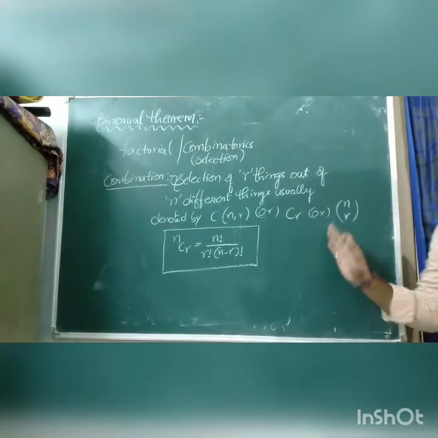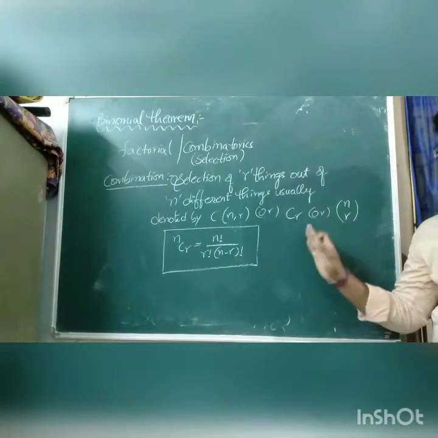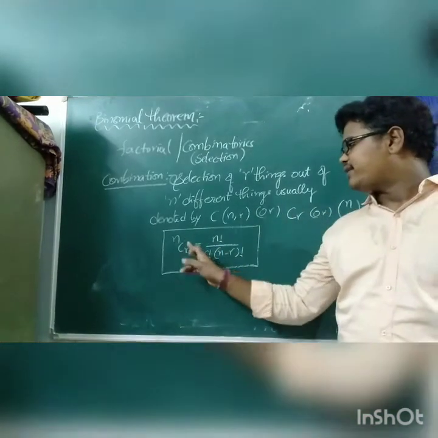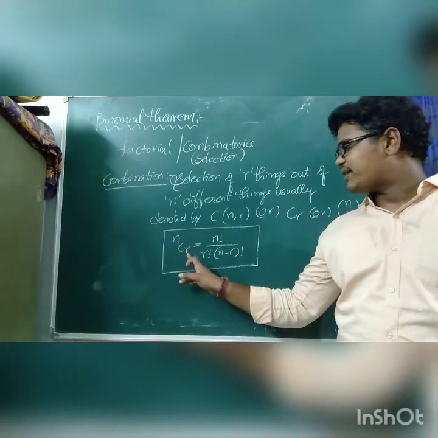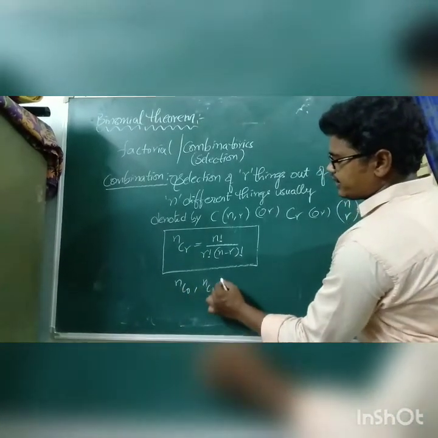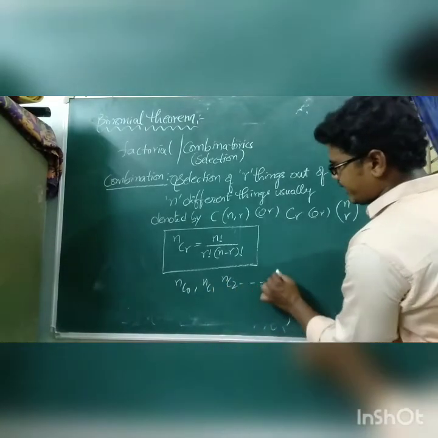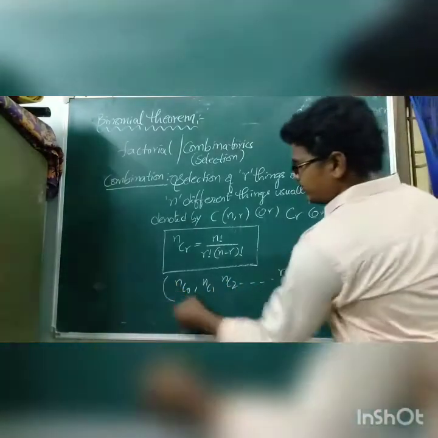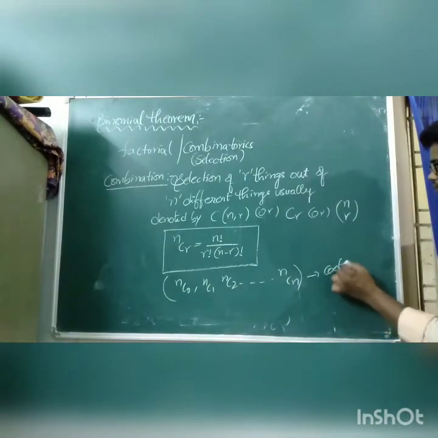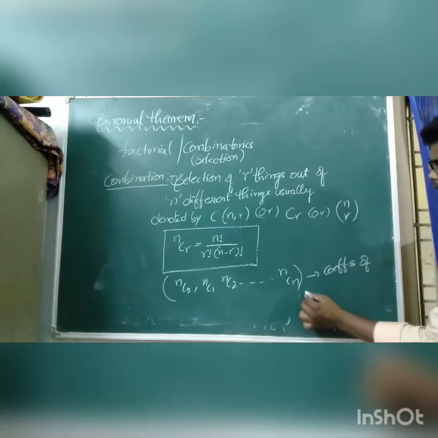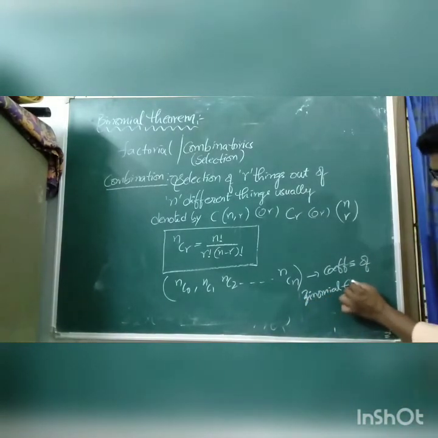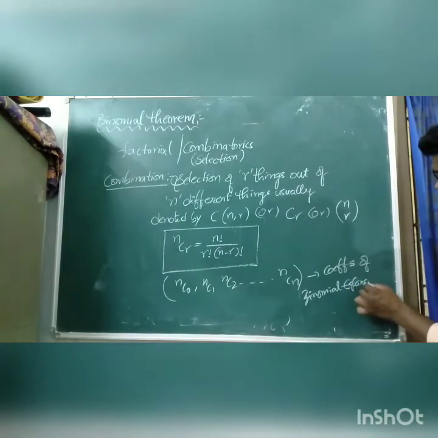Sir, why are factorial and combination very important applications to learn the binomial theorem? Because the nCr means we will get nC0, nC1, nC2 and so on, nCn. These are the coefficients of the binomial expansion.